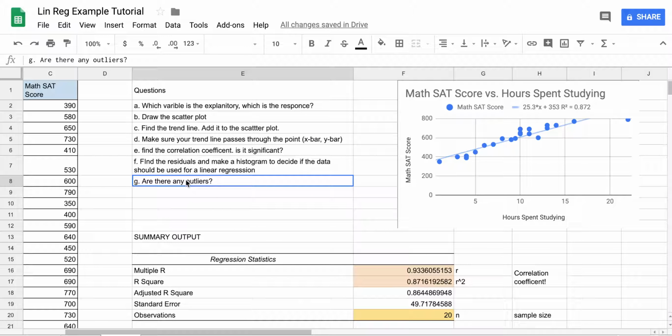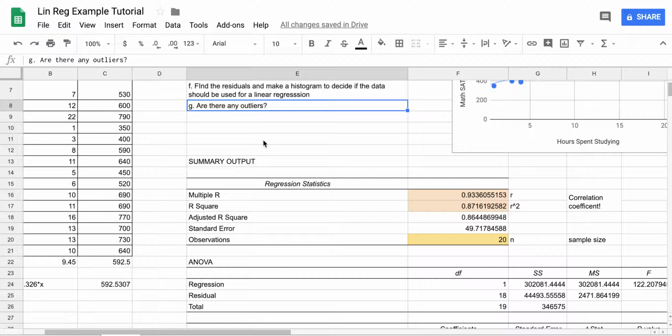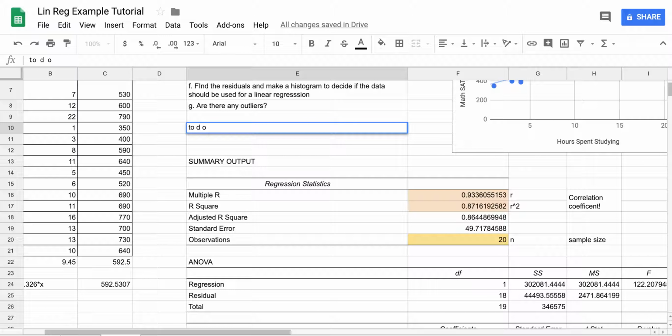So here's the question, right? Is it an outlier? One way to find out is, we need the SSE to calculate little s, because little s is the standard deviation of the line, right?